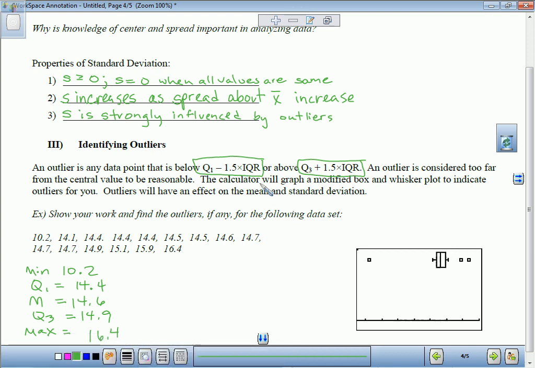So, IQR. IQR is Q3 minus Q1. In this case, 14.9 minus 14.4. So in this example, our interquartile range is 0.5.